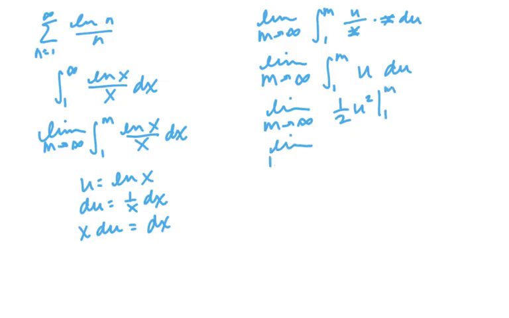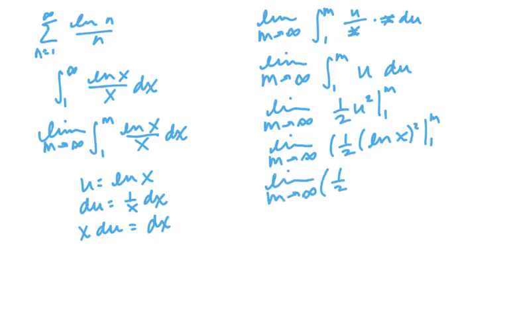So we have the limit as m approaches infinity of 1/2, and remember u is natural log of x, quantity squared from 1 to m. So we have the limit as m approaches infinity of 1/2 natural log of m, quantity squared, minus 1/2 natural log of 1, quantity squared. By the way, the natural log of 1 is 0, so that's gone.